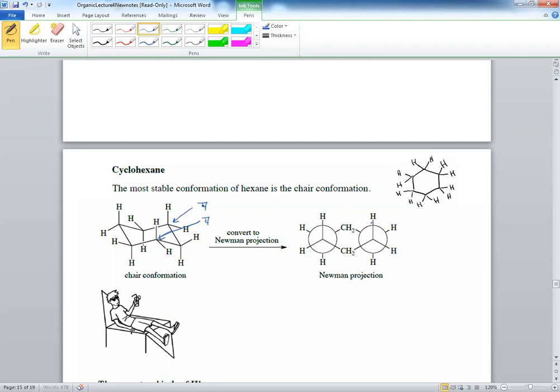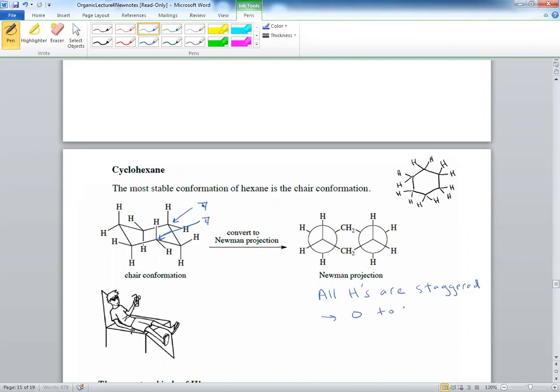And if we do a Newman projection on this, we'll notice that all the H's, so again, you have to really work on imagining this right here, in the Newman projection, all the H's, look at them right there, are staggered. So all H's are staggered. And what does that mean?